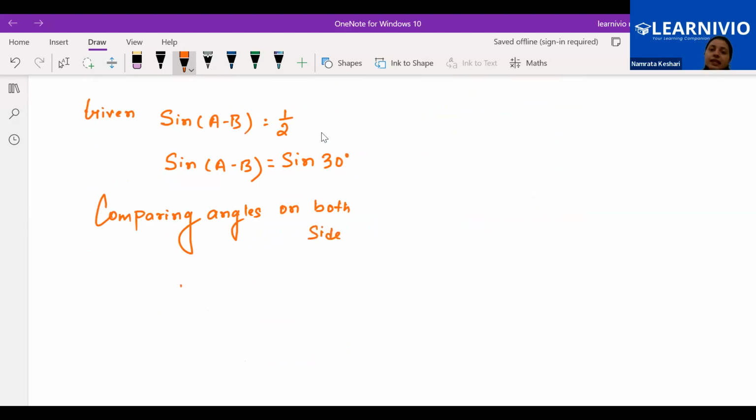And hence we are getting that A minus B is 30 degree. This is our equation number 1. Any confusion so far?